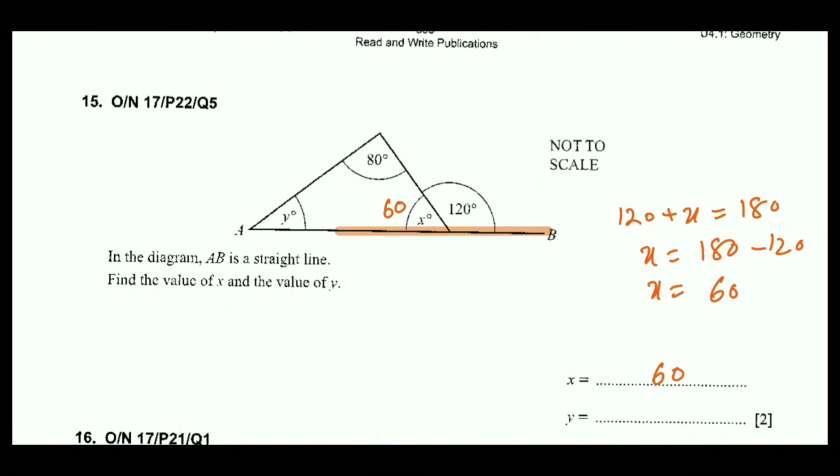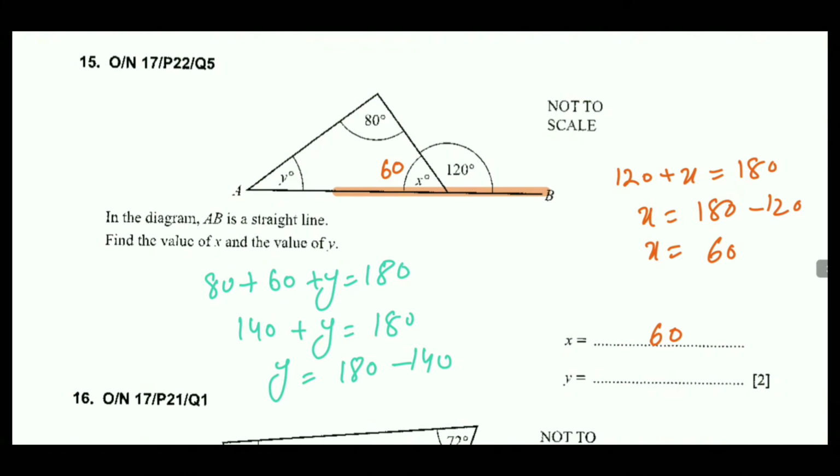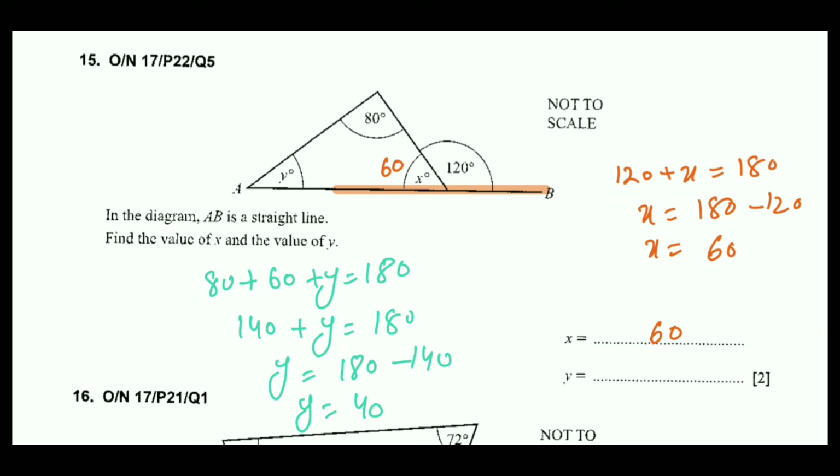x is 60, and for one other triangle, an angle is given to you. You can easily find the third angle of that triangle by the angle sum of a triangle property. Like 80 plus 60 plus y is equal to 180. 140 plus y is equal to 180. y is equal to 180 minus 140 and y is equal to 40.